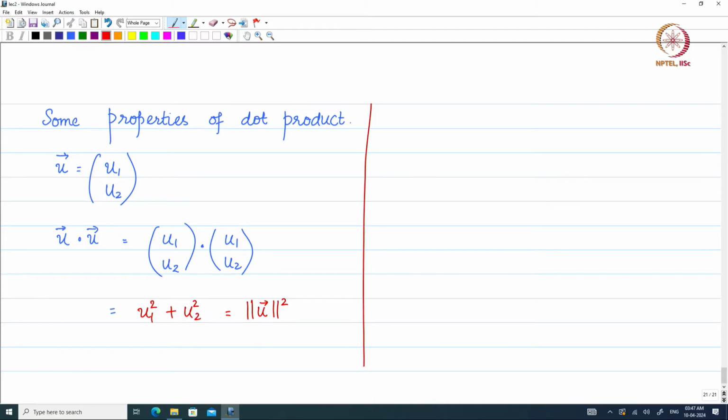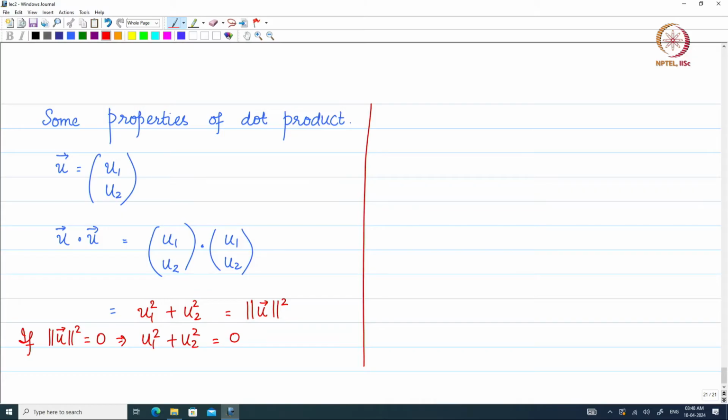And we remember when we did this that if the norm squared of u is 0, this implies u1 square plus u2 square is 0. We said in the previous lecture that u1 square is a non-negative number and u2 square is a non-negative number, and the sum of two such numbers can be 0 only if both are 0, if u1 and u2 are real numbers.